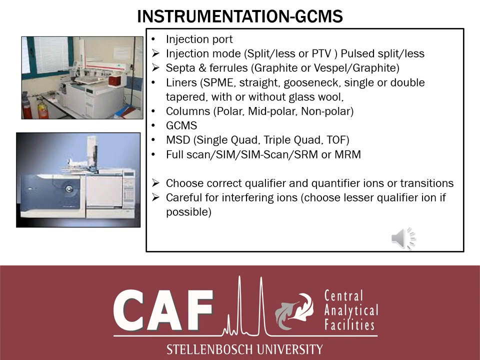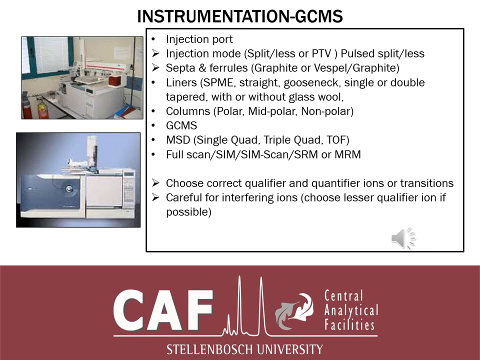And then also under the engineering, you see the septum. The septum is there to help your system stay under pressure, because if you don't have the septum, or if the septum has got a hole, then you can start losing the compounds of interest, and that will affect your sensitivity.